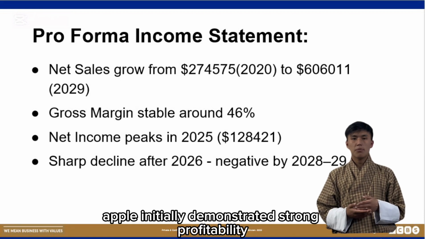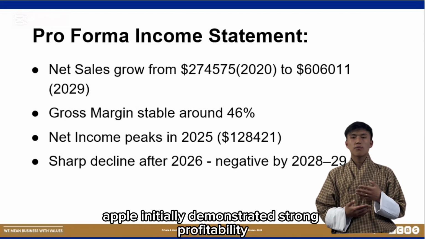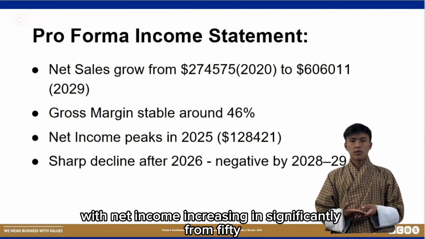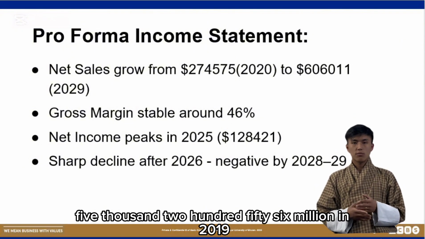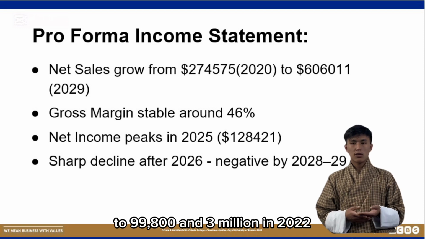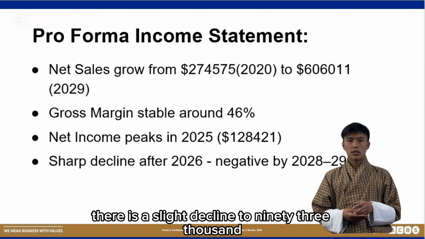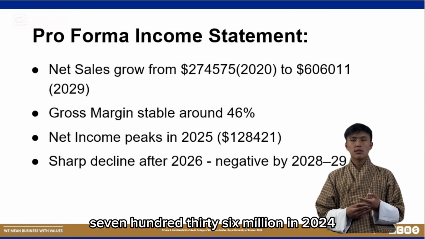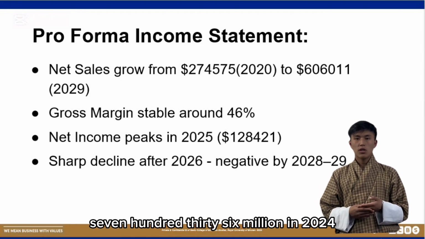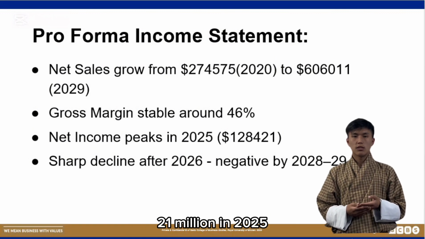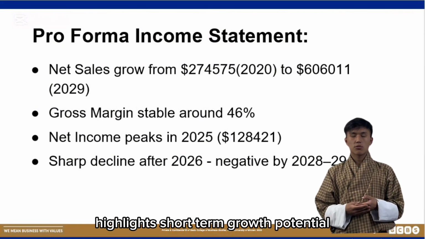As a result, Apple initially demonstrated strong profitability, with net income increasing significantly from $55,256 million in 2019 to $99,803 million in 2022, although there is a slight decline to $93,736 million in 2024. A notable jump to $128,421 million in 2025 highlights short-term growth potential.